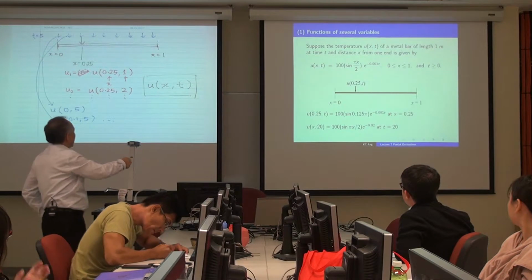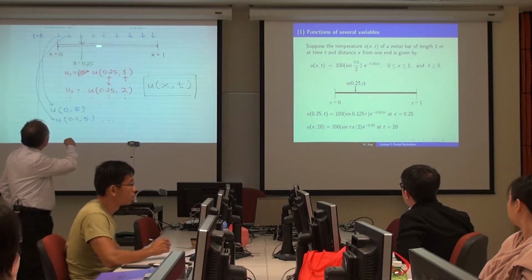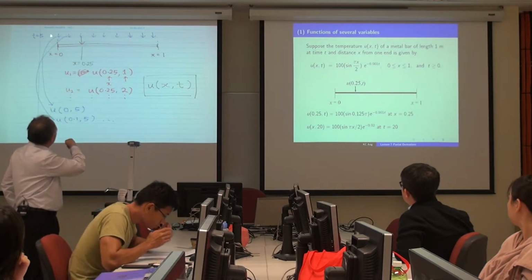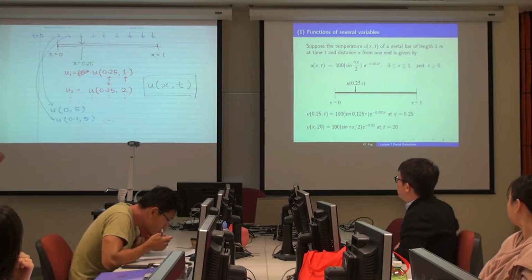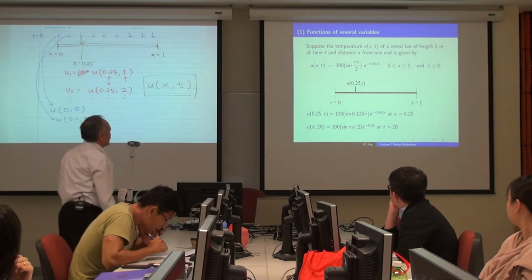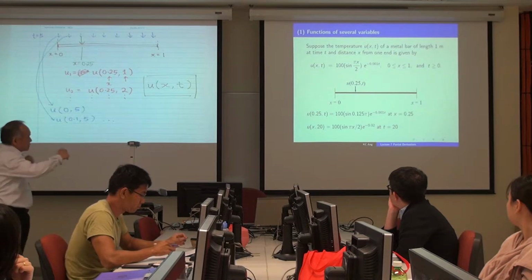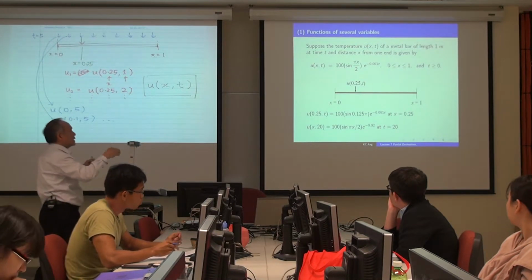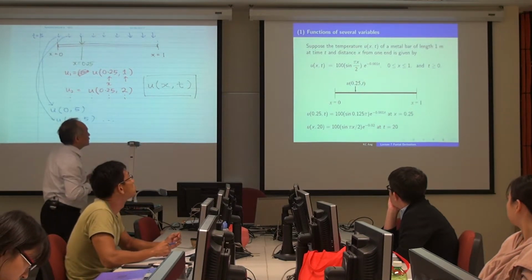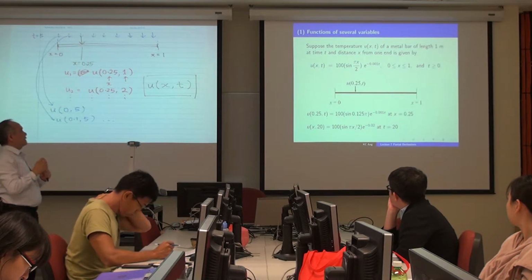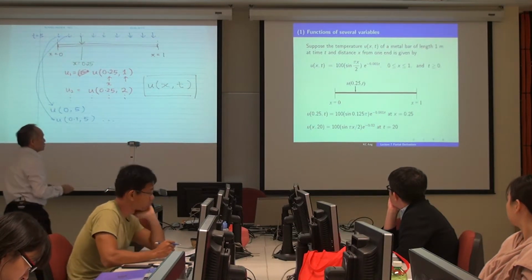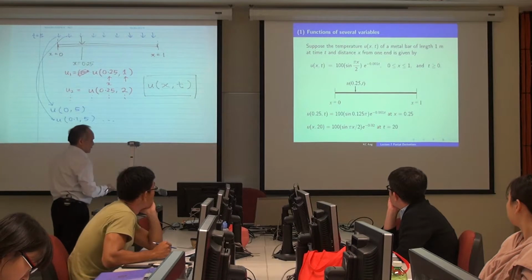That will be the distribution of the temperature, or the different values of the temperature, along the x-axis, or along the length of the metal bar, at a fixed time t equals 20. That would be this expression here.